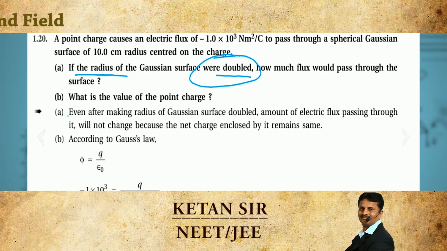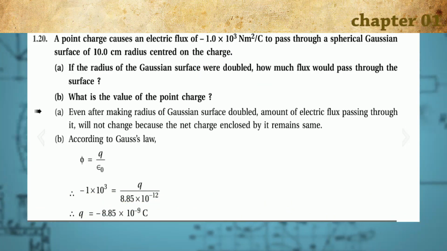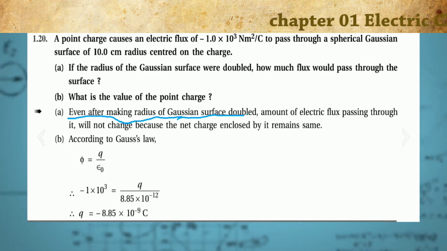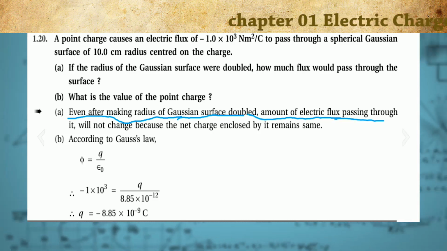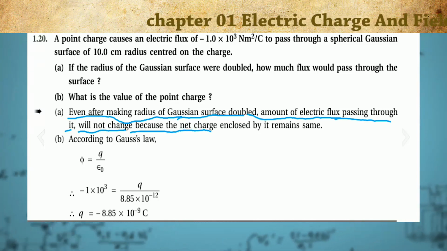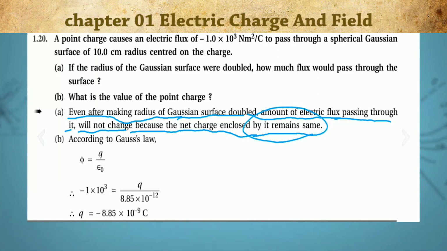due to changing radius. Maybe double, maybe triple, maybe half, one third, you can change anything, it will not change. That means your answer is, even after making the radius of the Gaussian surface double, the amount of electric flux passing through it will not change because the net charge enclosed remains the same.